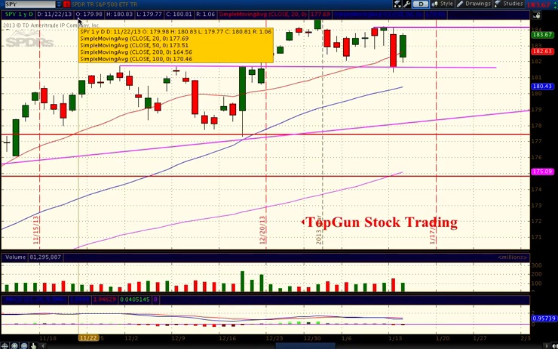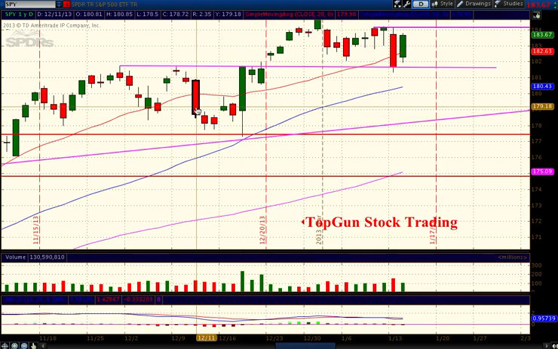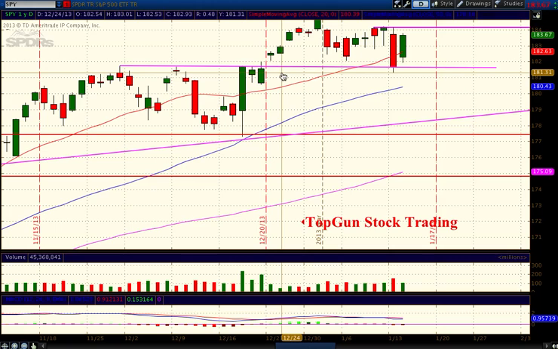I'll leave it there for a second, and you can see the open price, the high, the low, and the close is what that's telling you up there. And I use that to determine entry and exit points off my trades here.